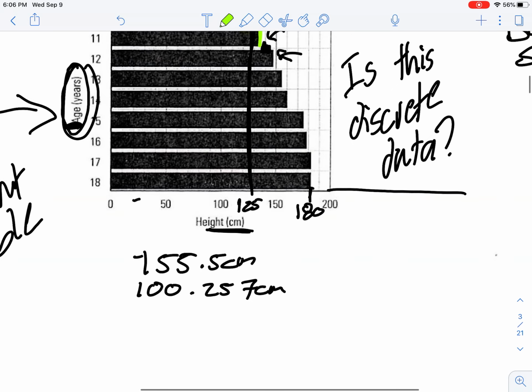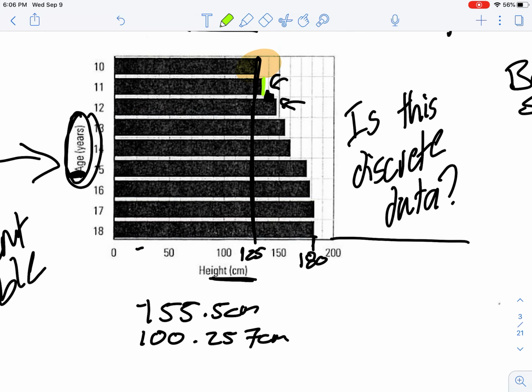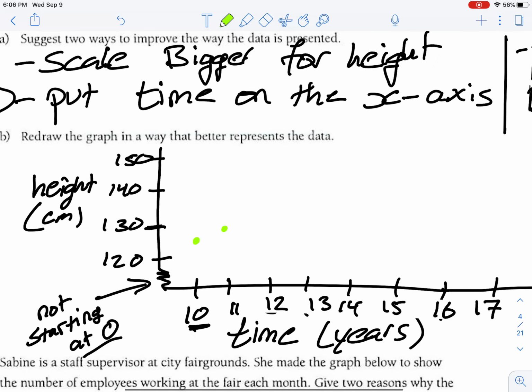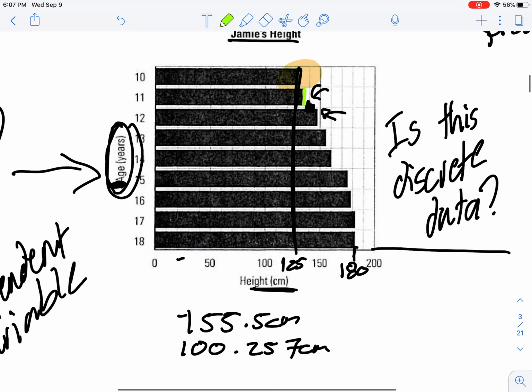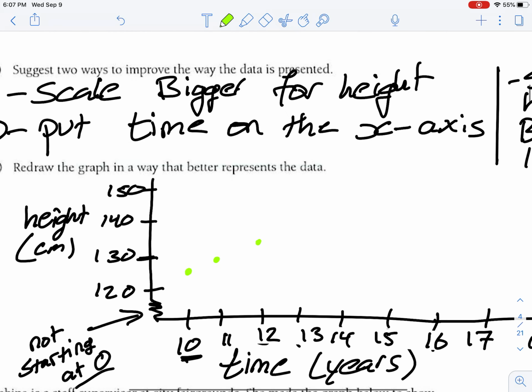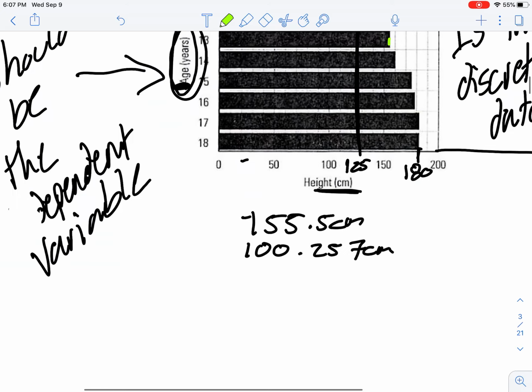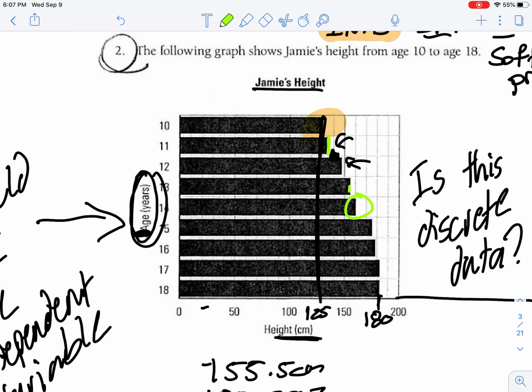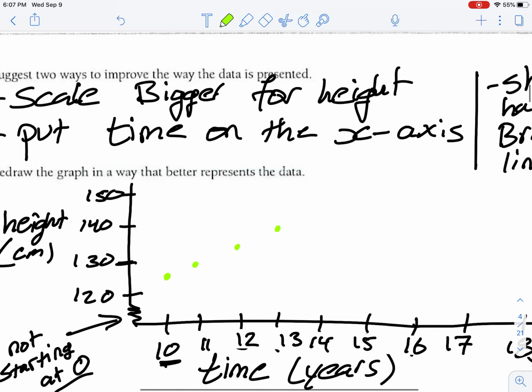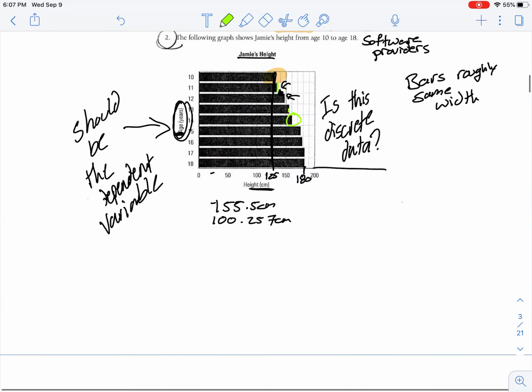Okay. 12 years old, he's about 135 centimeters. Okay. 13 years old, he's almost 150, so I'd say he's about 140 centimeters. How about when he's 14? When he's 14, he is 150 centimeters.